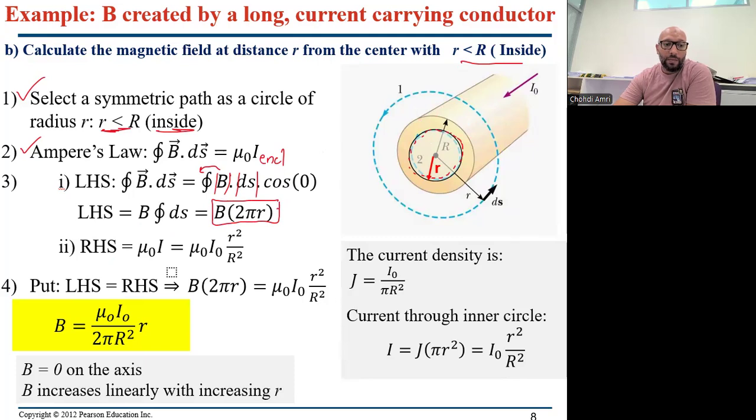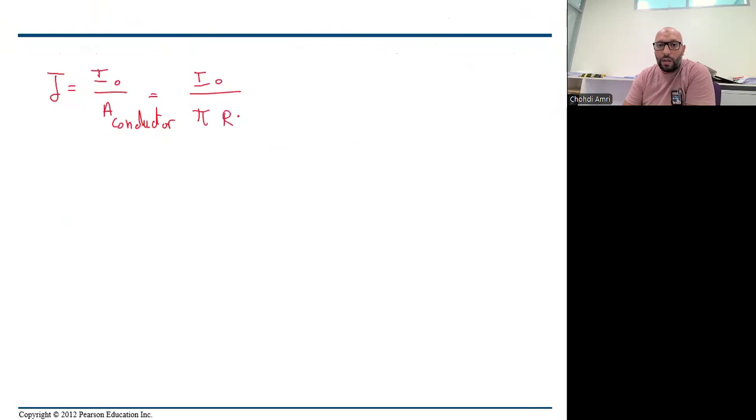Let me explain here. If we calculate the density of the current, it will be the current I naught divided by the cross-sectional area of the conductor. What will be the cross-sectional area of the conductor? Because it's cylindrical, it's going to be pi times the radius of the conductor squared.